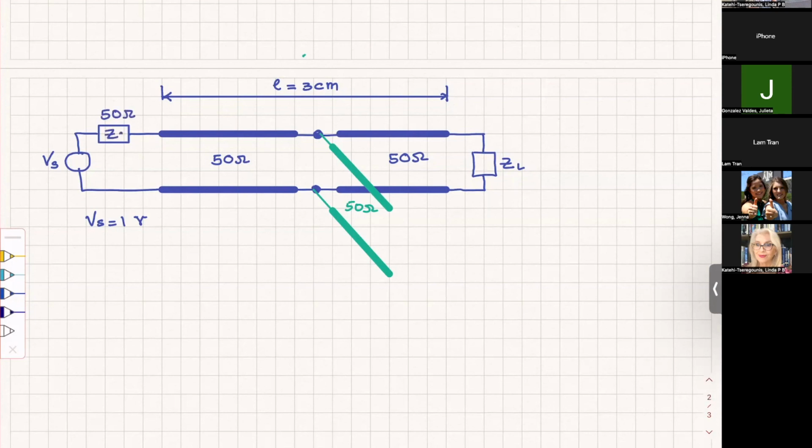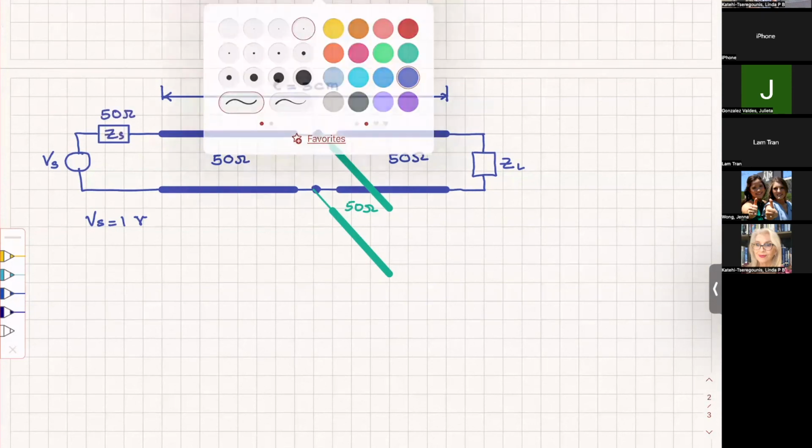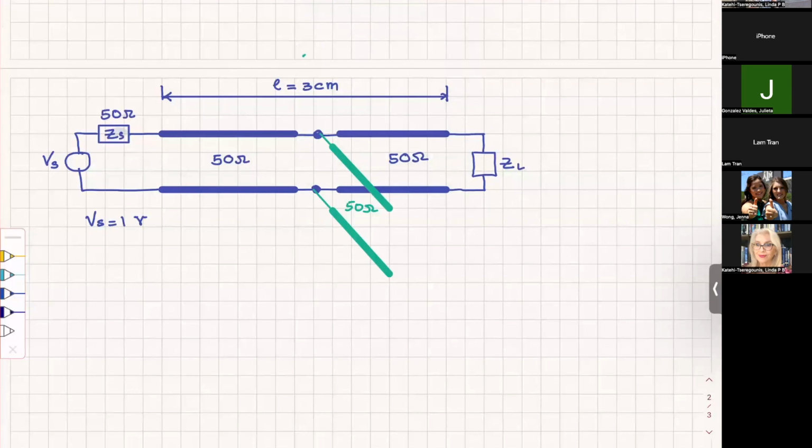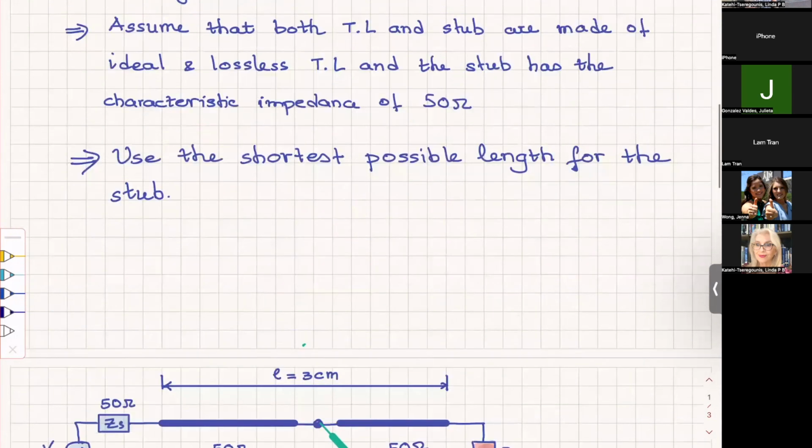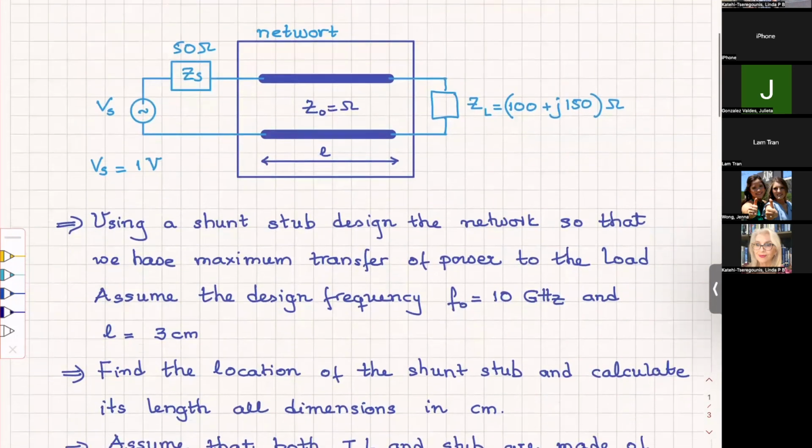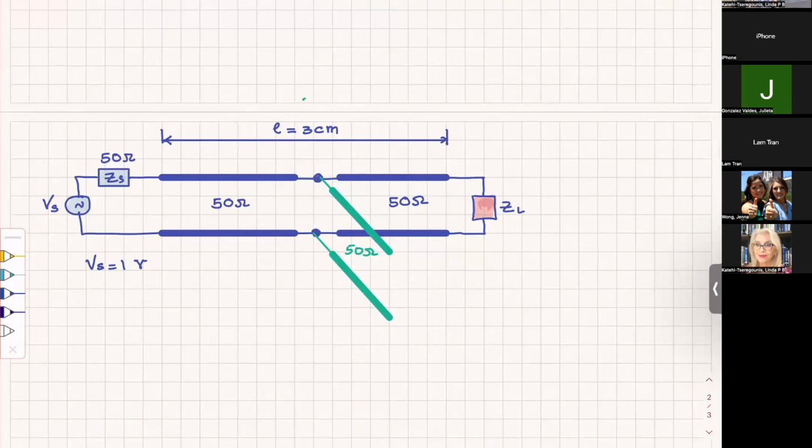That's Zs, the source, and this one is the load. And the load is complex. I have given for it 100 plus j150. So let me write it here.